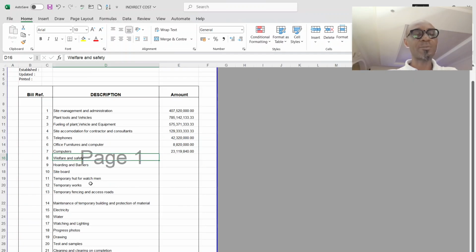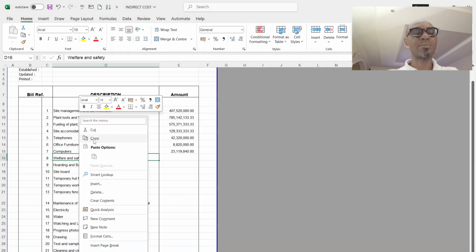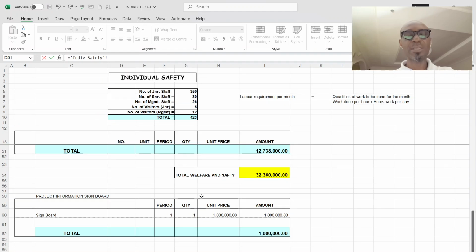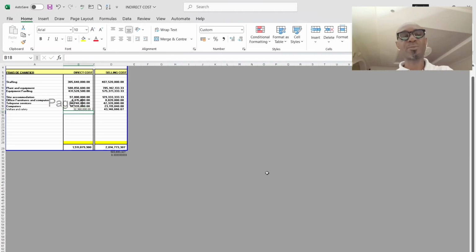I'll just quickly copy it from here so that it will look the same. Welfare and safety. Then we now link what our cost is, 32, then by this.